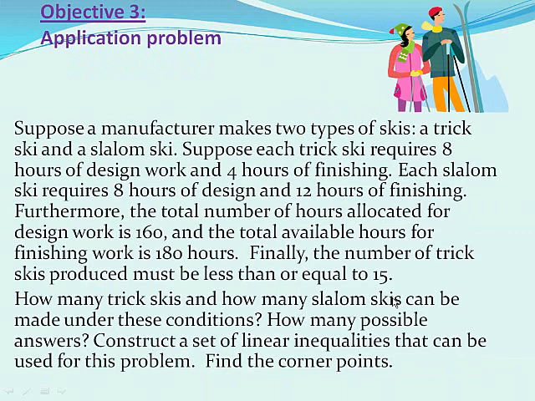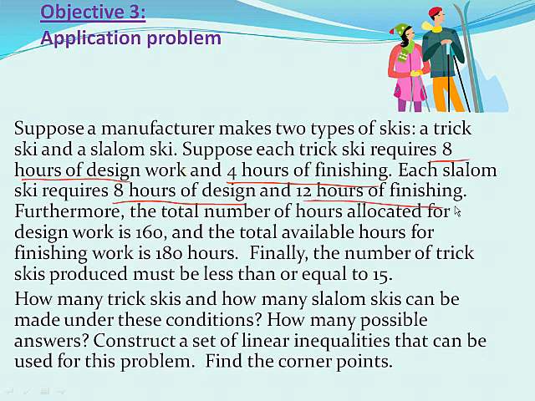Objective 3, application problem. Suppose a manufacturer makes two types of skis, a trick ski and a slalom ski. Suppose each trick ski requires 8 hours of design work and 4 hours of finishing. Each slalom ski requires 8 hours of design and 12 hours of finishing.